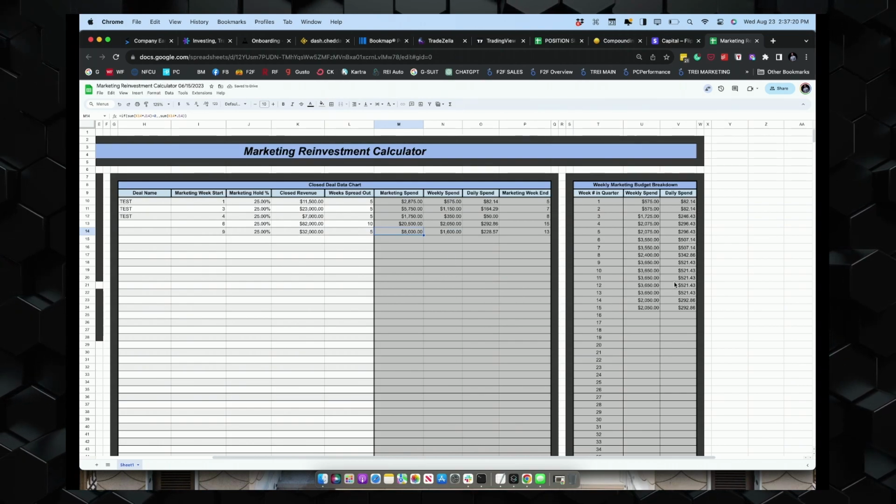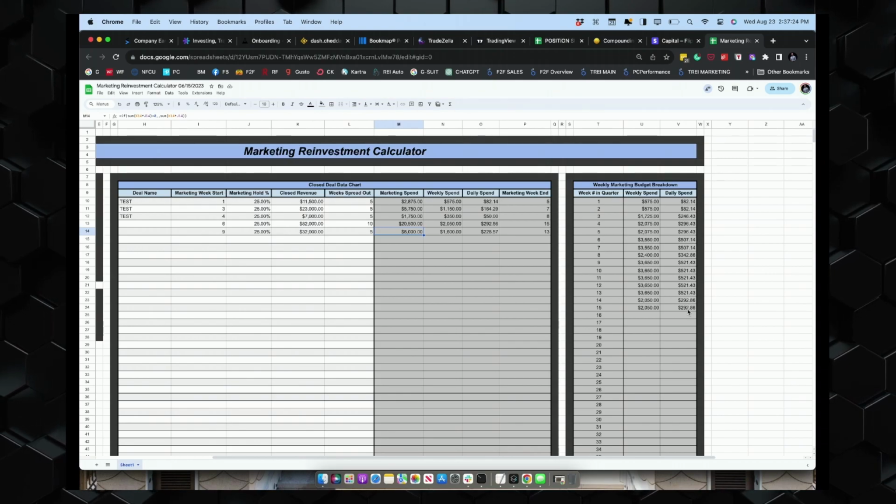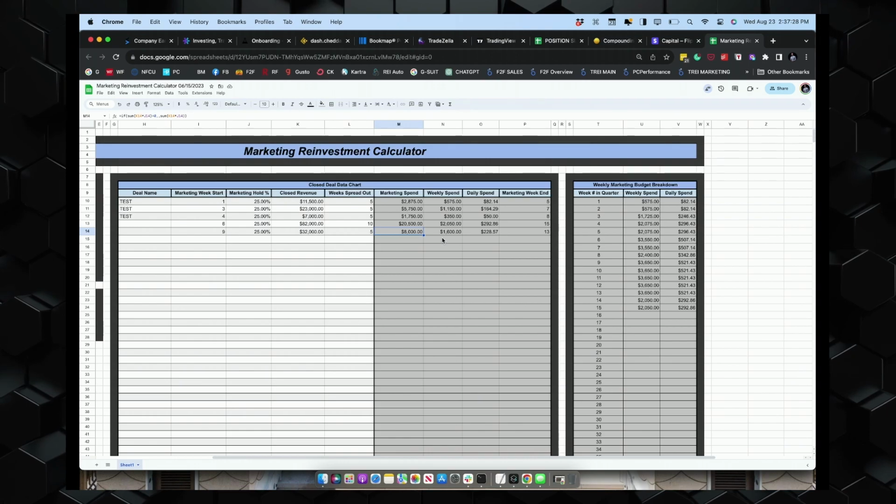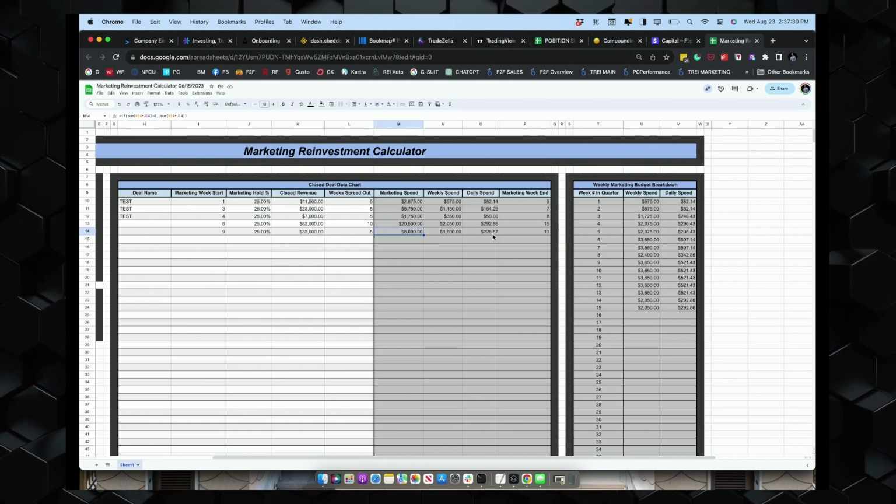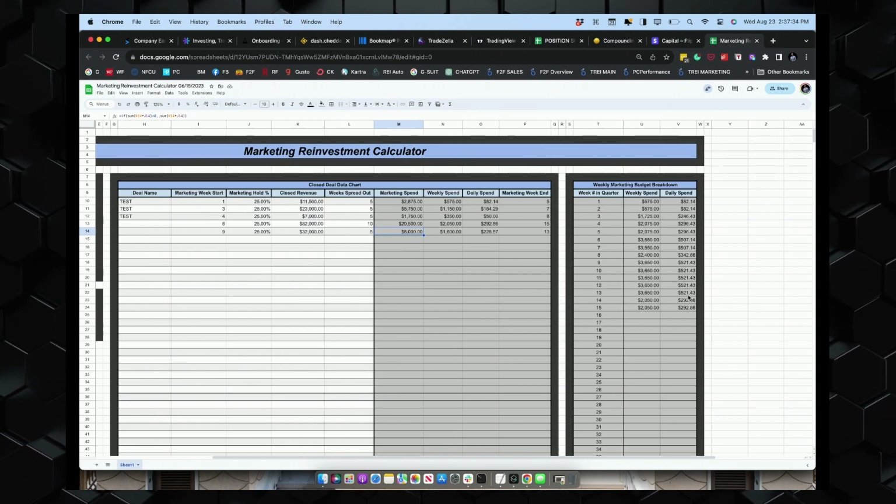Well, guess what? Your budget now is just pushing out. You're back into 15 weeks. It increases your budget through that, and now you're good to go, and it pushes it out at $228 a day over the 13th week. That stops, and now it goes back down to $292.